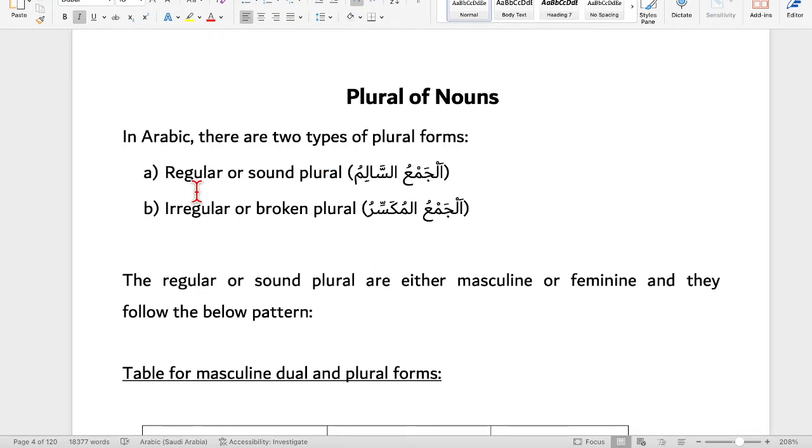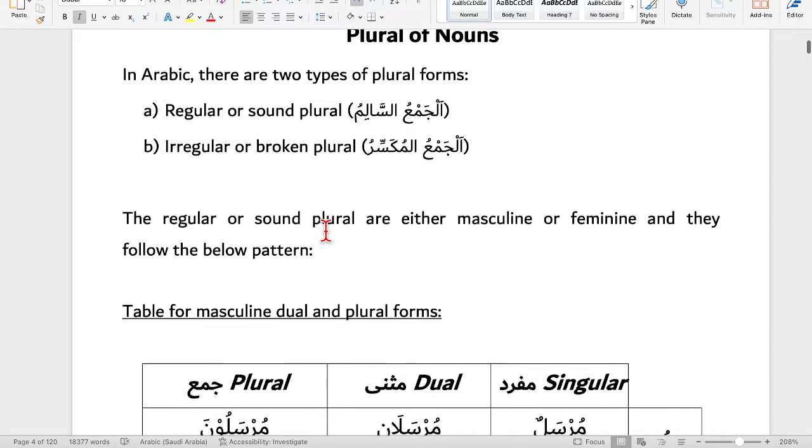Similarly in Arabic, most nouns have a proper pattern to make them plural, which we call a regular or sound plural. And there are also many nouns which don't follow a pattern, so we call them a broken plural. In Arabic, the regular one is called Jama Salim, and the broken one we call Jama Mukassir.